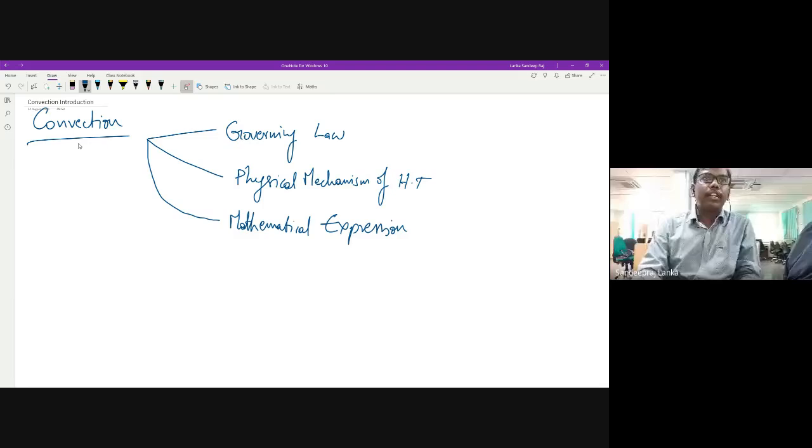So coming to convection, what is the governing law? This governing law you must have studied in your mathematics course. It is Newton's law of cooling.